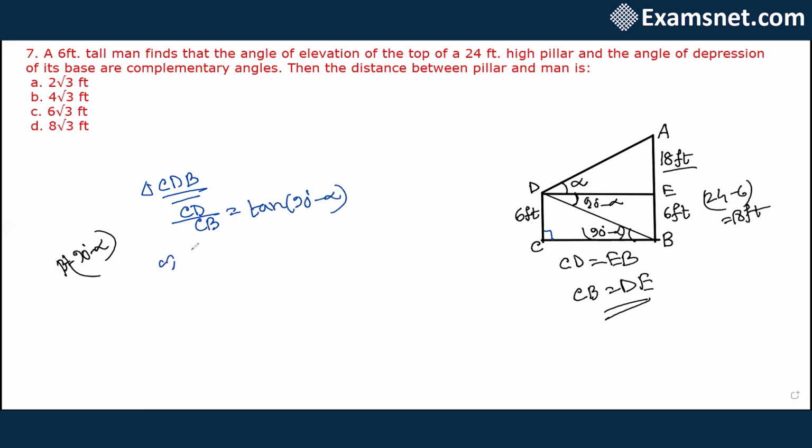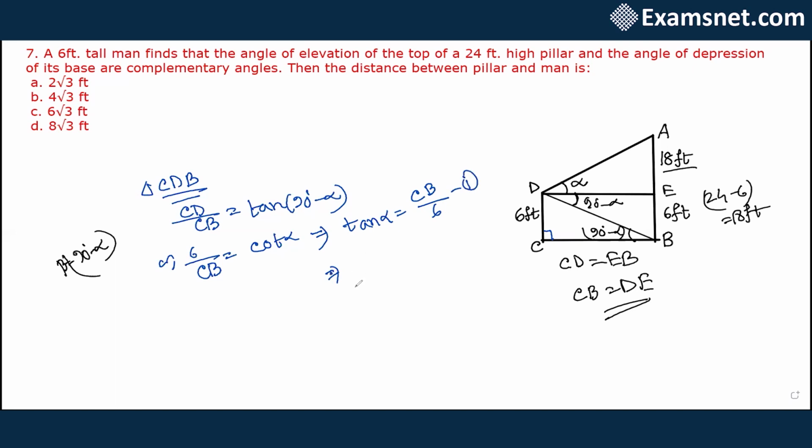So we can write 6 by CB equals cot alpha. From the complementary angle relation, we already know tan of 90 degrees minus alpha gives us cot alpha. Since cot alpha is the reciprocal of tan alpha, we can represent it in terms of tan alpha as CB by 6. Let's name it equation number 1.